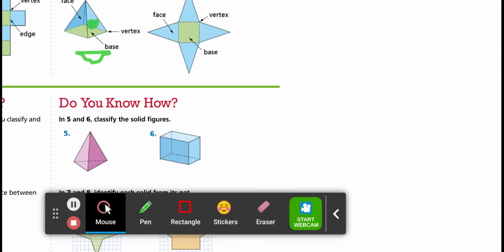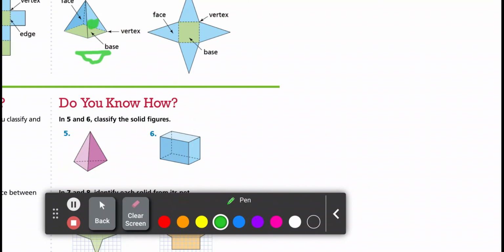Okay, looking at number 6, would 6 be a pyramid or a prism? I'm looking to see, do the faces have opposites? The faces have opposites, so it would be a prism. What kind of prism? It would be a rectangular prism because the bases are rectangles.